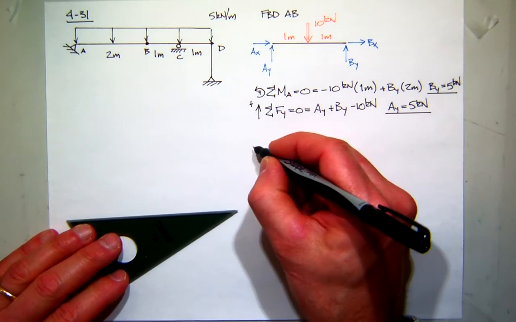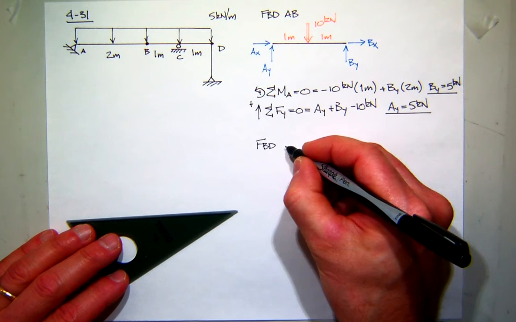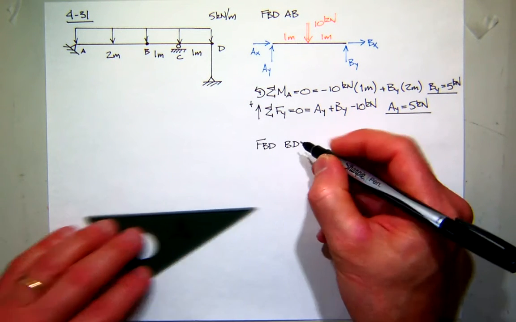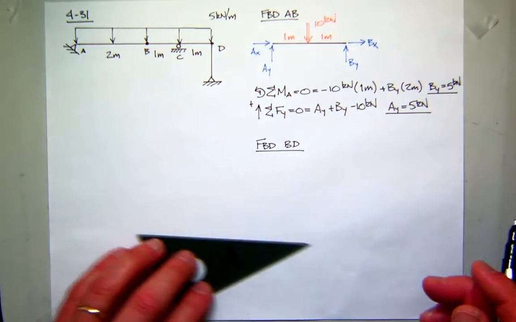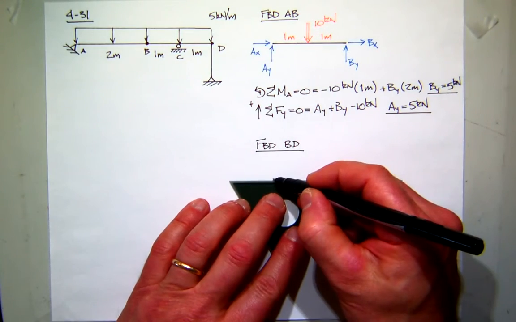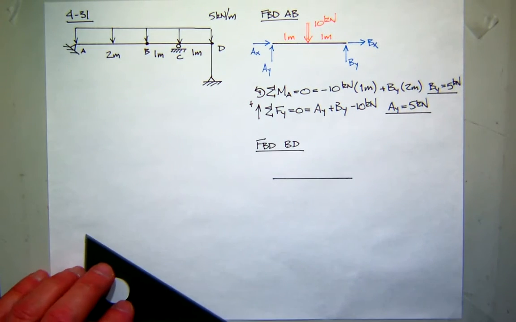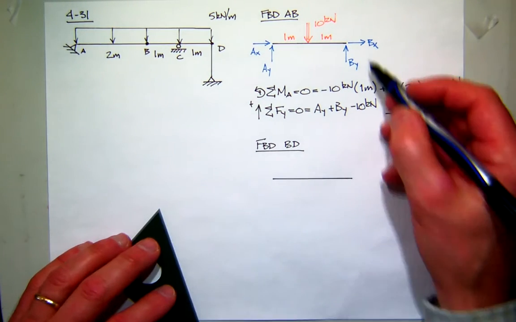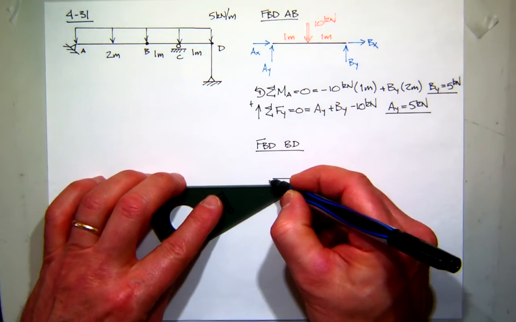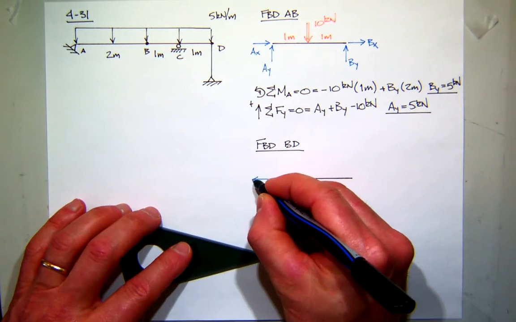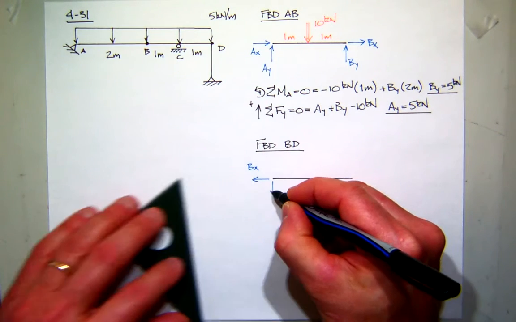So what if I pass this on to my free body diagram from B to D? So I'm going to draw a section that goes from B to D. Let's see what I've got. First, because I made these assumptions for BX and BY, they're going to be equal and opposite on this body.